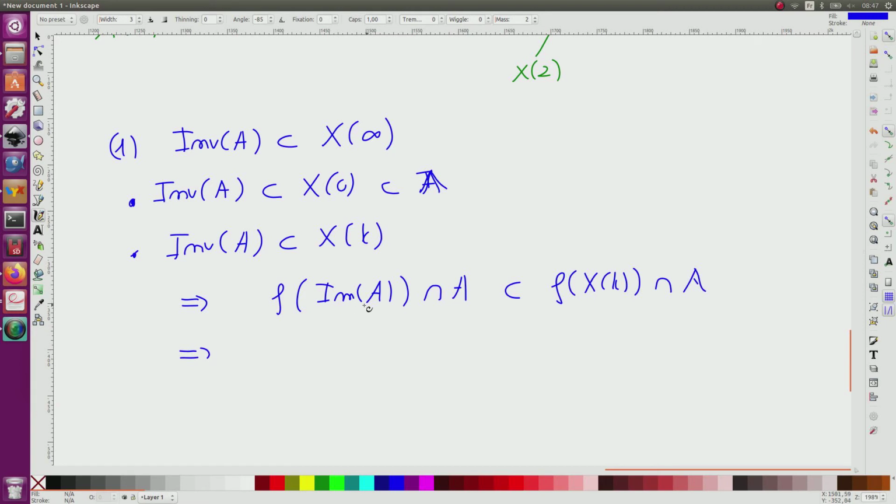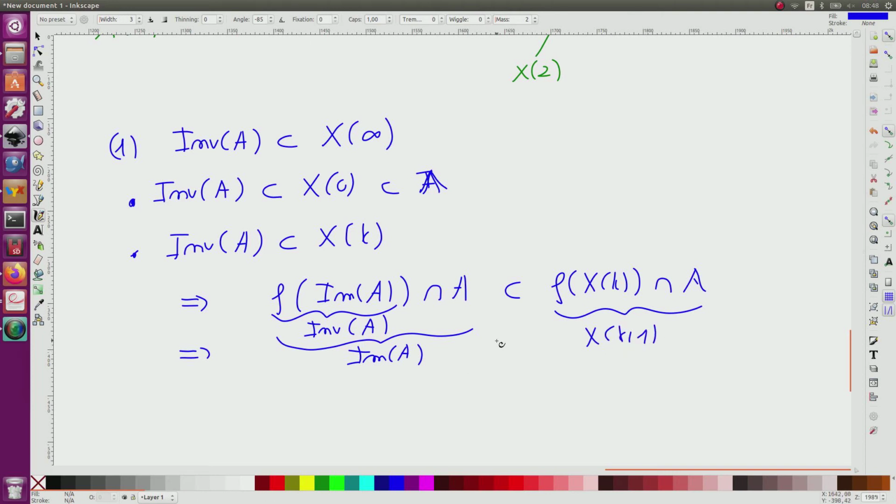Since the image by f of invariant of A is equal to itself, this corresponds to invariant of A. Since the invariant of A is included in A, all this also corresponds to invariant of A. Now this corresponds to xk plus 1.